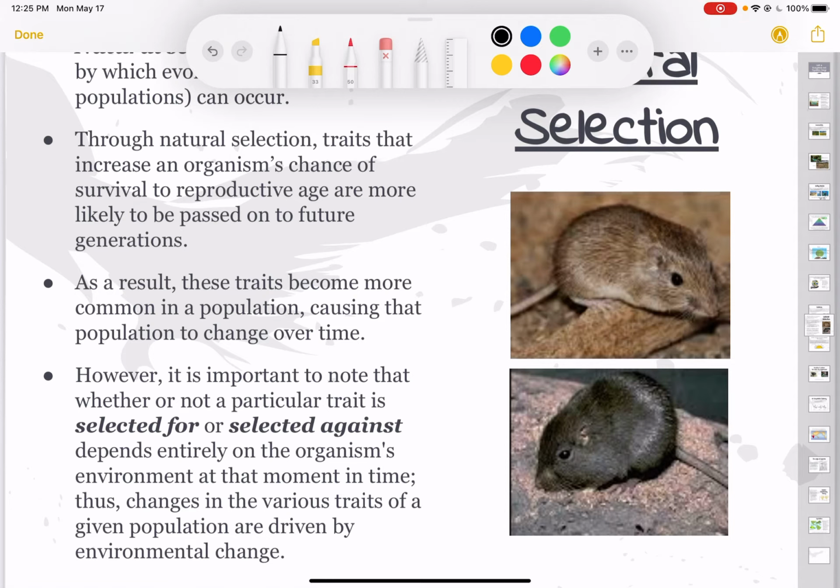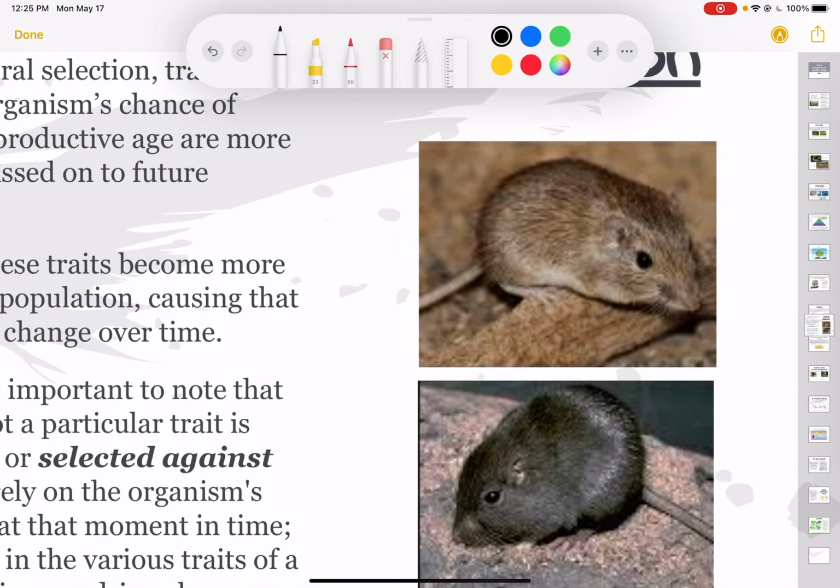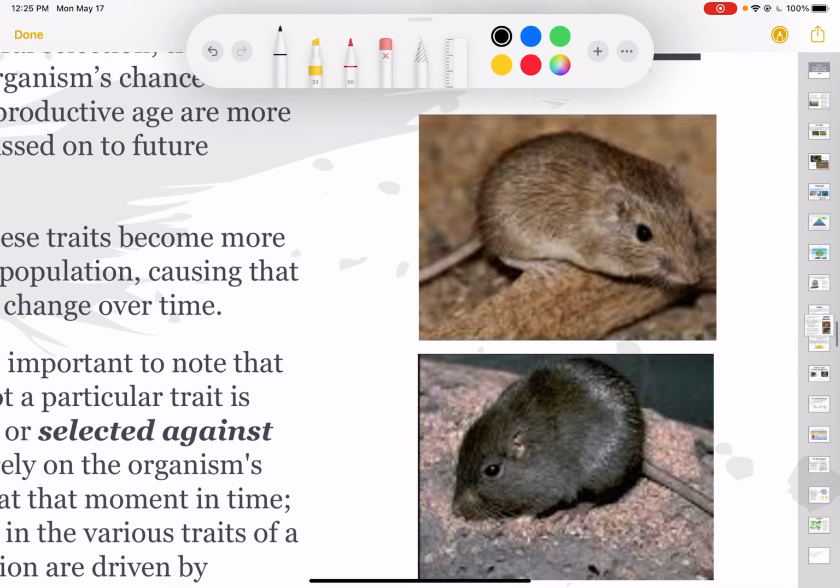An example might be in this picture where maybe it's better for this rat, I don't know, it's not a rat, like a shrew or something, to be brown in the first environment, and then if this darker colored one was to live in the dark or the lighter environment, it might not be quite as good.